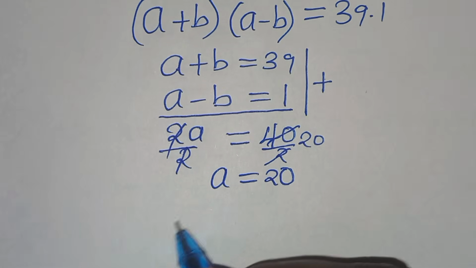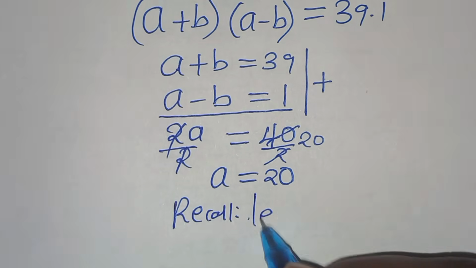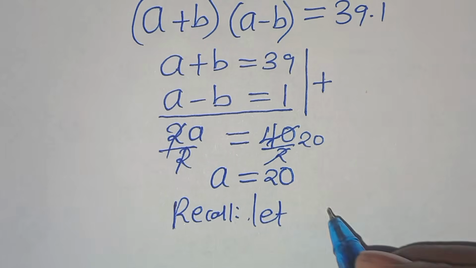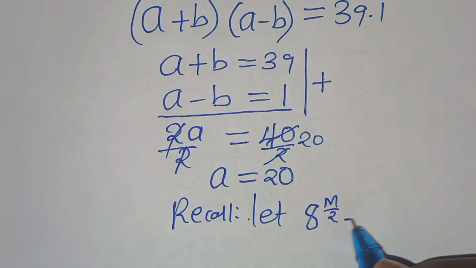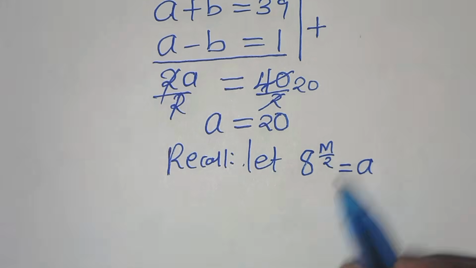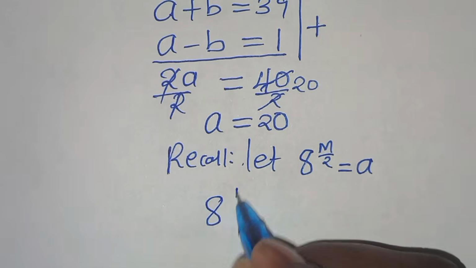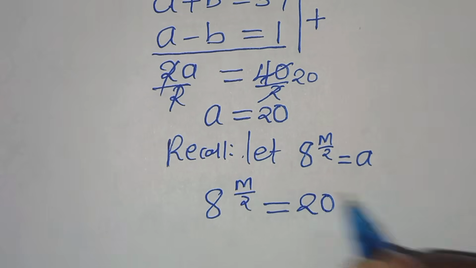Now, if you recall, we are saying that let 8 raised to the power of m over 2 be equal to a. So this implies we have 8 to the power of m over 2 equal to a, which is equal to 20.